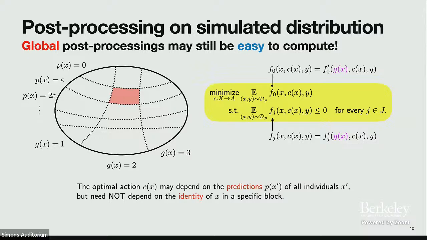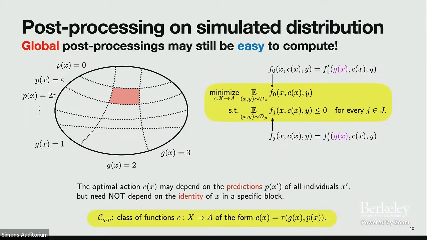The reason is that this optimization problem itself, because of this group structure, does not differentiate between 2 individuals in the same group. So there is no reason for the solution to differentiate 2 individuals in the same group. So what this means is that we can restrict our attention to this CGP class, which consists of functions that are constant on each block.